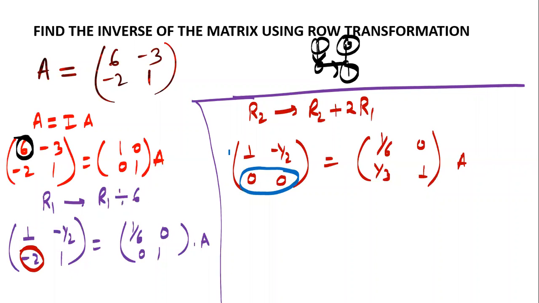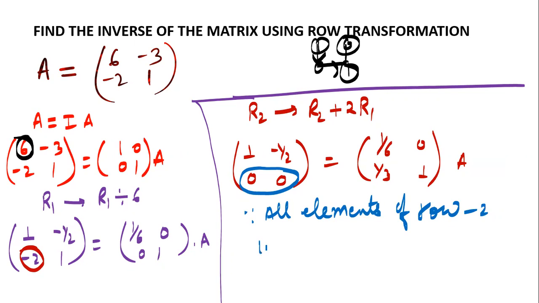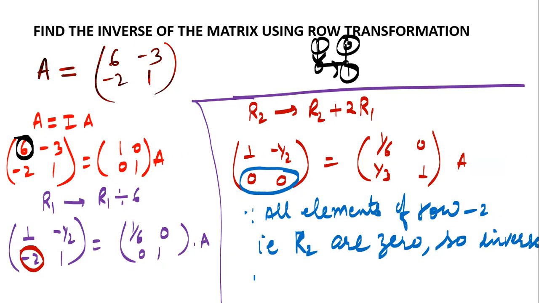Here we can say, because all elements of row 2, that is R2, are 0, the inverse of given matrix, 6 minus 3 minus 2, 1, does not exist.